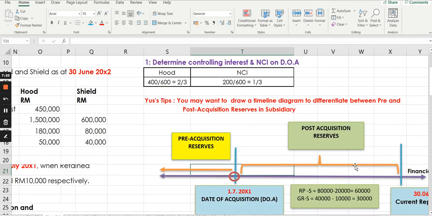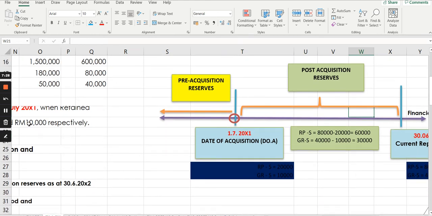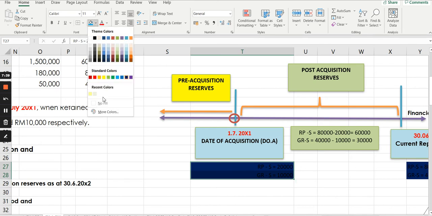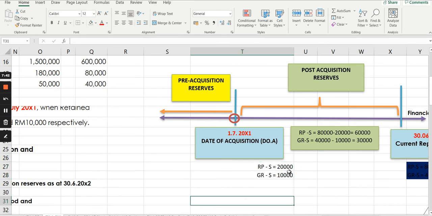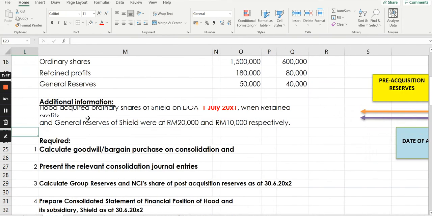To illustrate this, I've drawn a diagram for you here. On the date of acquisition, which is 1st of July 2000x1, the reserve of the subsidiary company has 20,000 and 10,000 respectively, from the information available here, where the retained profits and general reserve of Shield were 20,000 and 10,000.